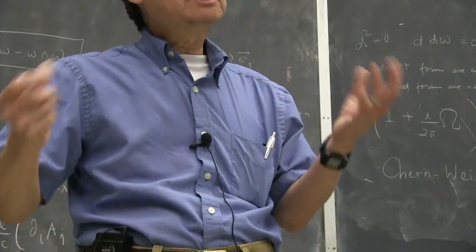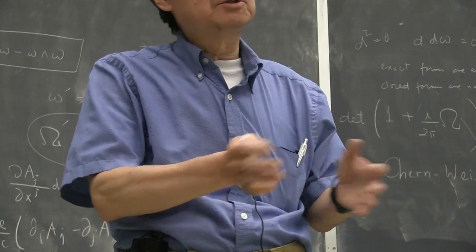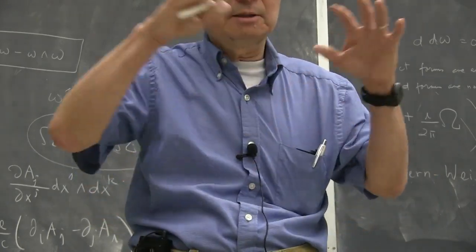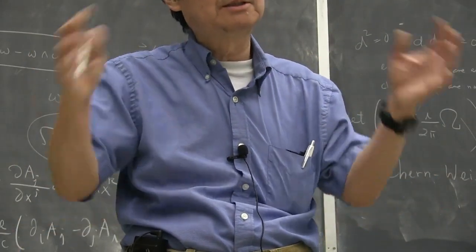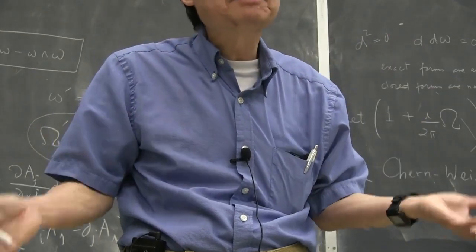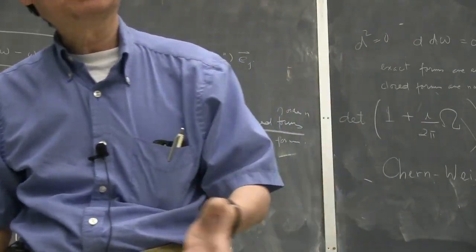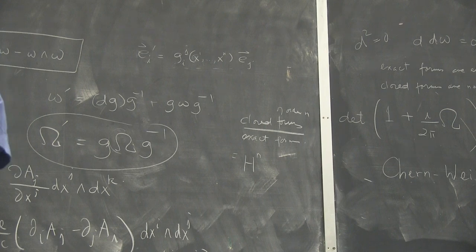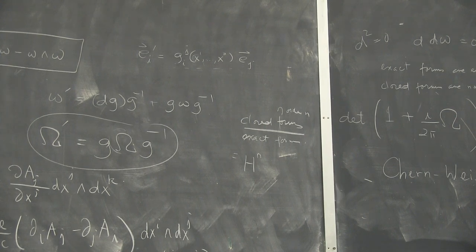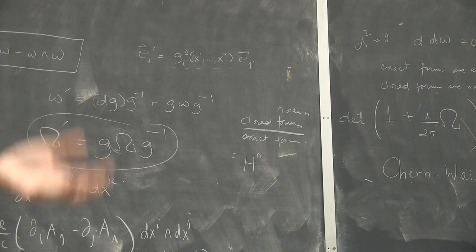It turns out that cohomology groups, just like homology groups, are topological properties of the underlying manifold. They do not depend on the particular connection, or on the curvature and so on. They are totally topological. All these things, homotopy groups, homology groups, cohomology groups, carry topological information on the underlying manifold.